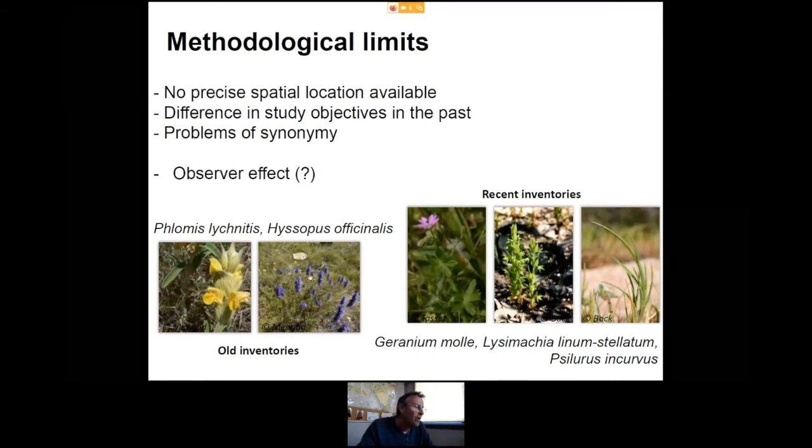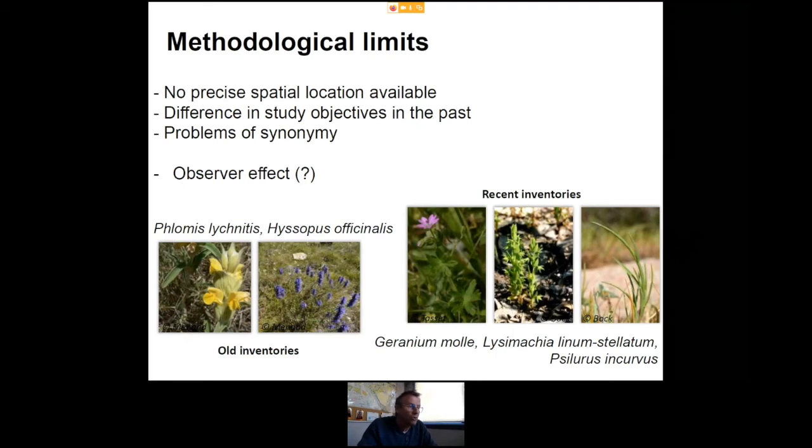They are more attracted by the beautiful species such as Phlomis lychnitis or Rhaponticum officinale, and they integrate them in their relevés. And for the most recent inventories, in general, we do the job in quadrats or in a very small area.